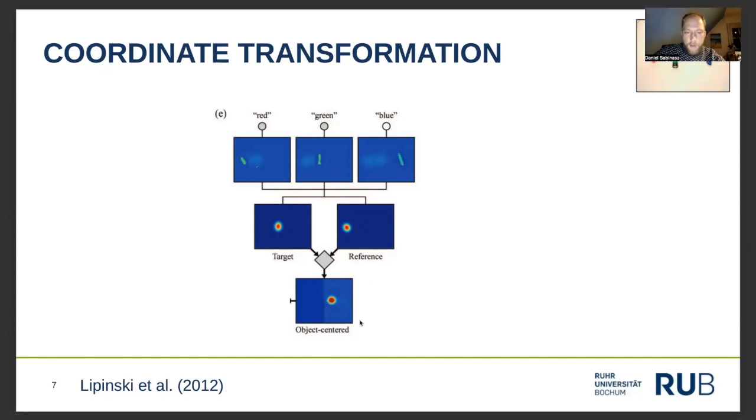So that's just another 2D field, which then contains the location of the target object relative to the reference object. Since here the target object is to the right of the reference object, we have this peak here, right? The relative location is to the right of the center.